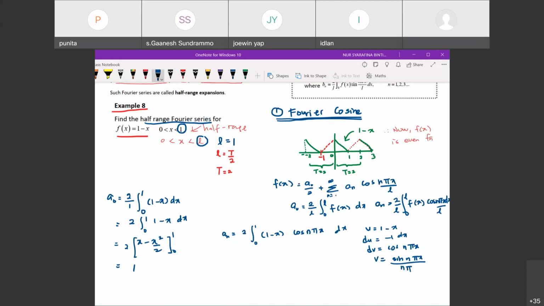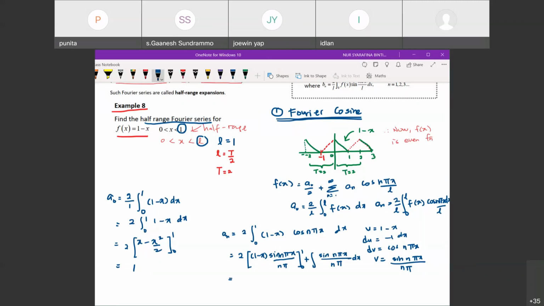Okay, so substitute here. Integrate this. This one is already integrated.